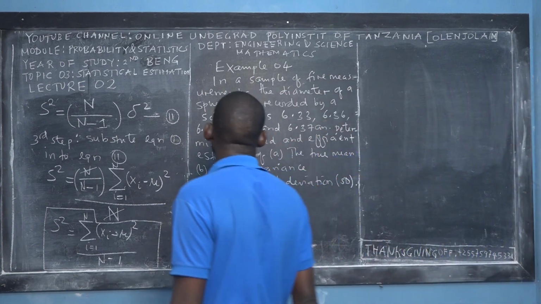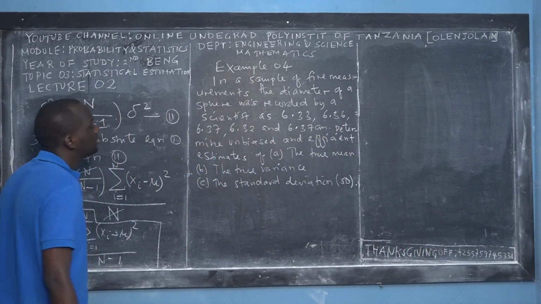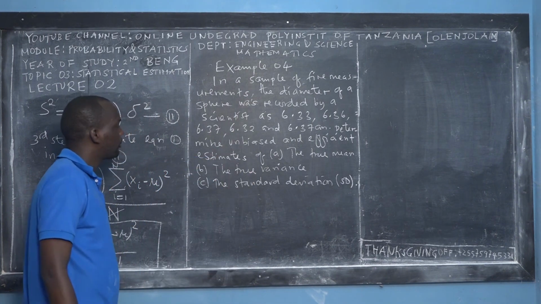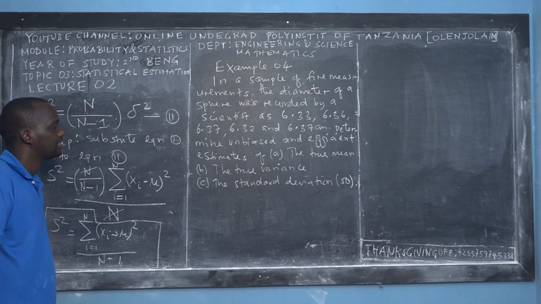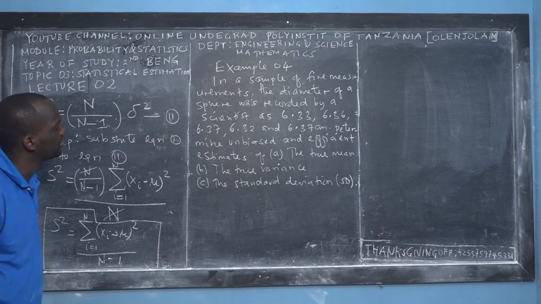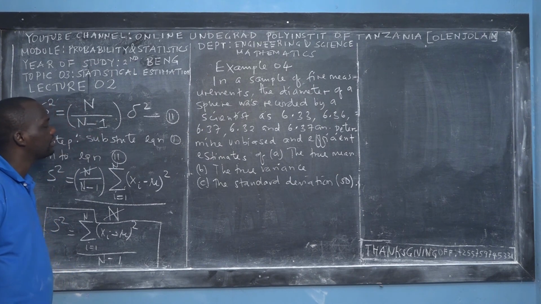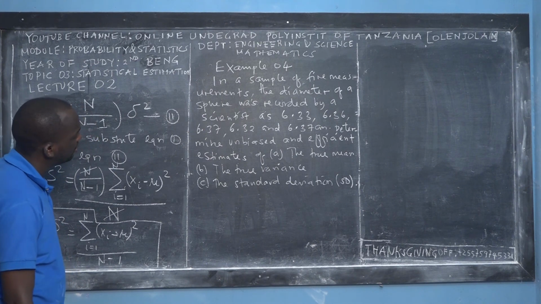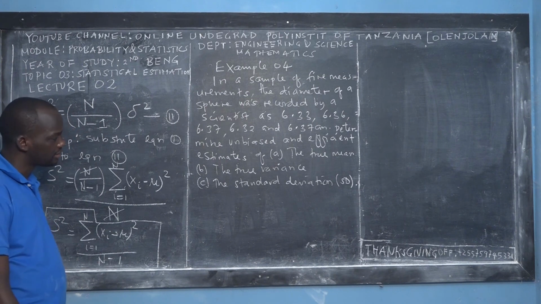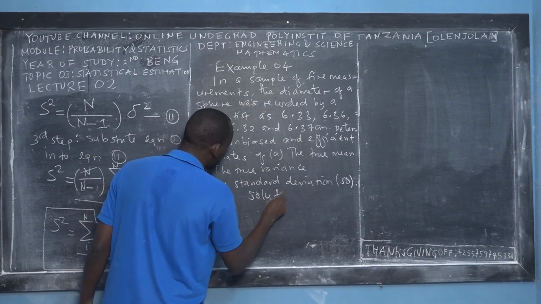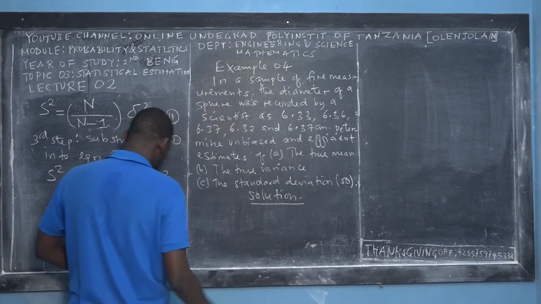So the question says, in a sample of fire measurements, the diameter of the sphere was recorded by a scientist as 6.33, 6.36, 6.37, 6.32, and 6.37 centimeter. Determine unbiased and efficient estimates of the true mean, the true variance, and the standard deviation. So solution. I will leave the homework to the end of this lecture 2.